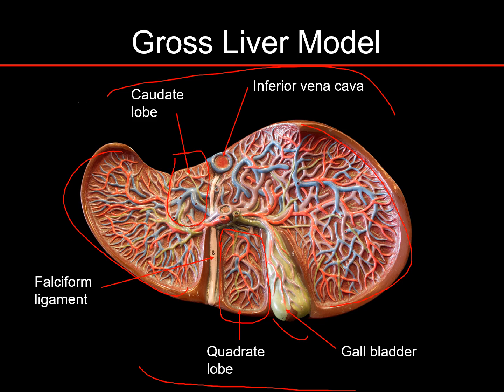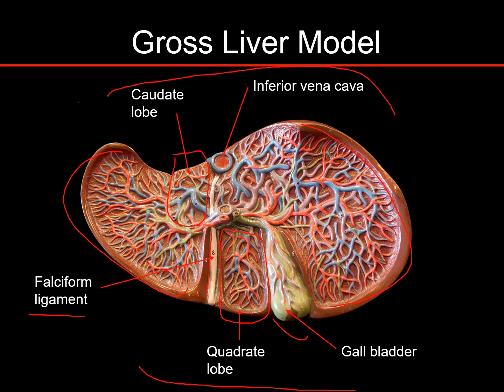And then in between the inferior vena cava and the left lobe here is the caudate lobe. So the caudate lobe is caudal. We talked about rostral and caudal as being some more directional terms, and caudal meaning towards the tail, or you can think of it a little bit like posterior as well. So that's the caudate lobe.